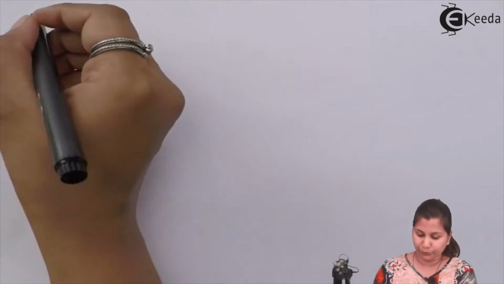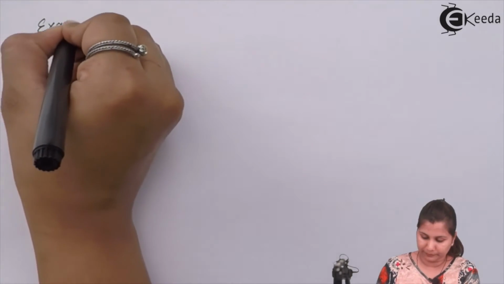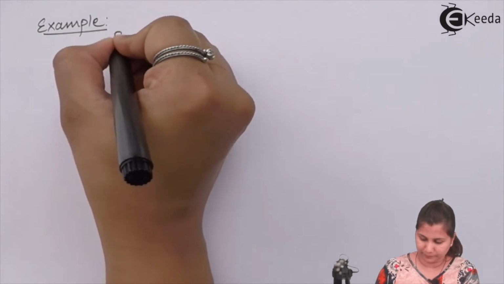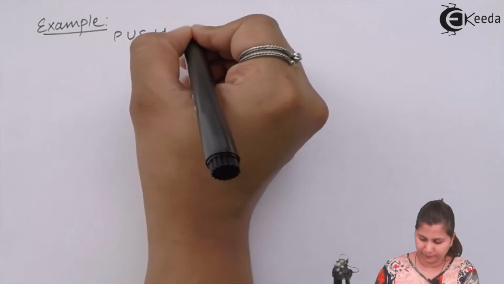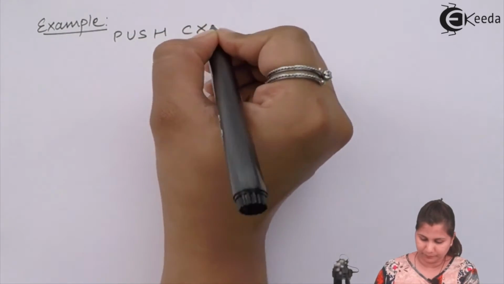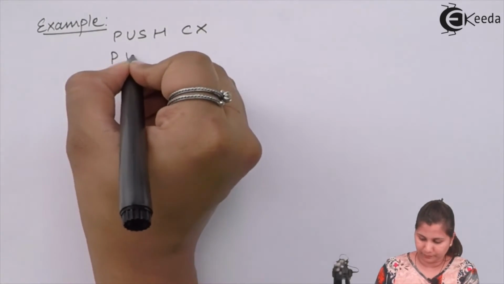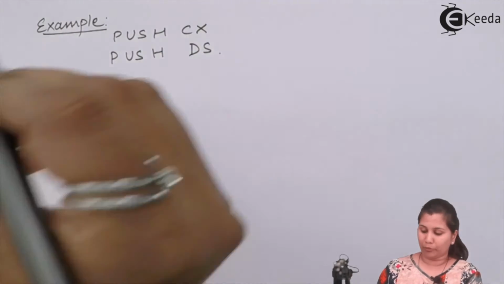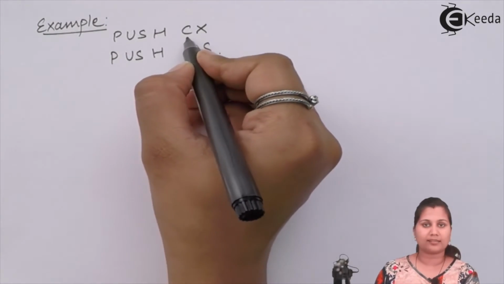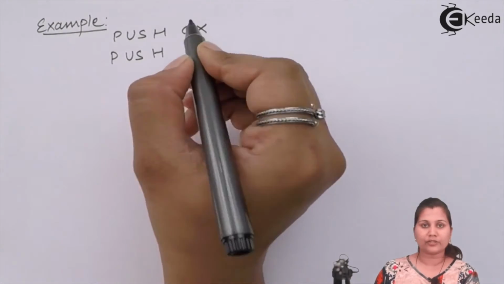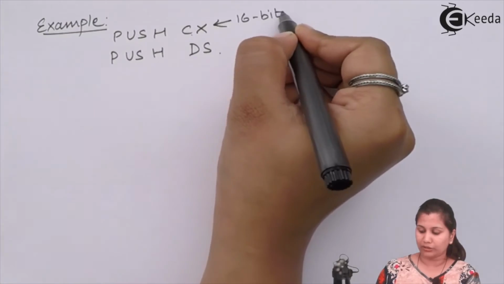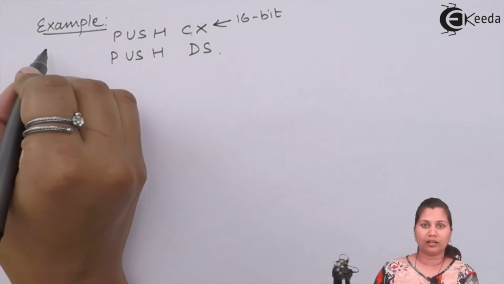Let us take an example so that it will be more clear to you. Push CX means CX is the count register. The contents of the count register, which is a 16-bit register, will be stored in the stack.